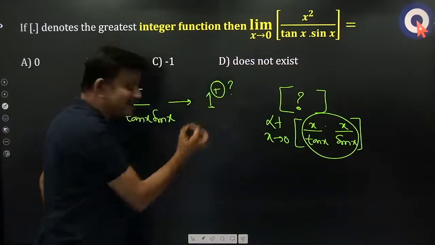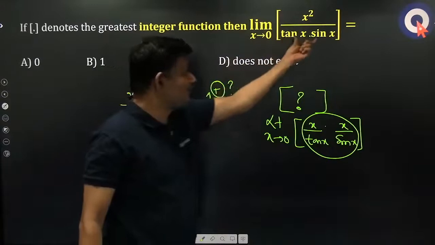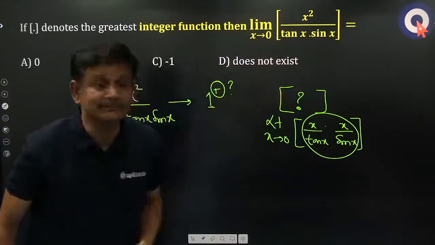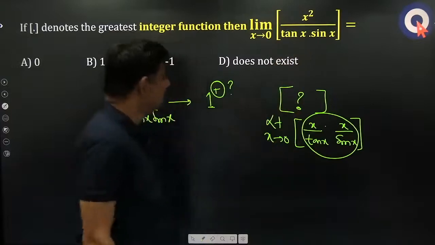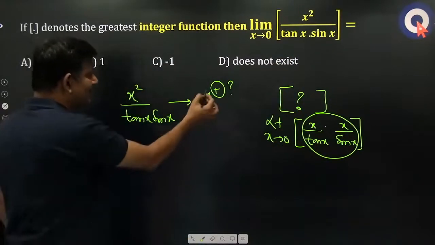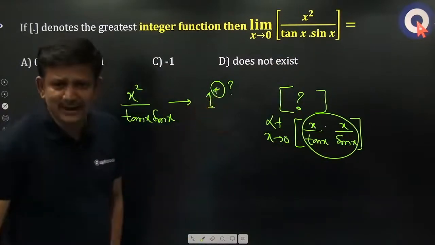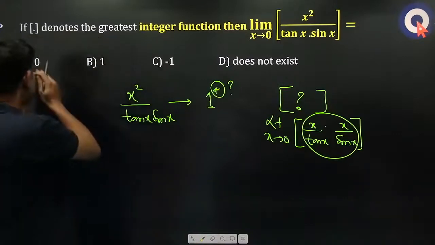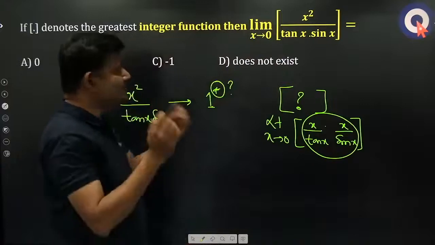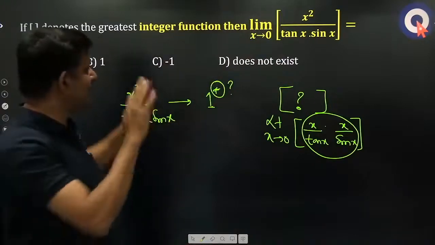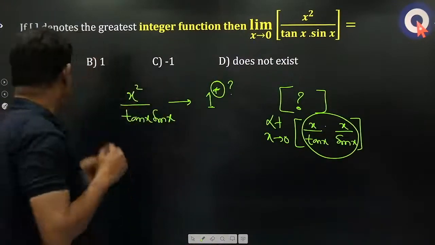Had it been 1 minus, that means this quantity is slightly less than 1, then this integral part would be 0. So depending on whether it is 1 plus or 1 minus, our options could be 0, 1 or does not exist.